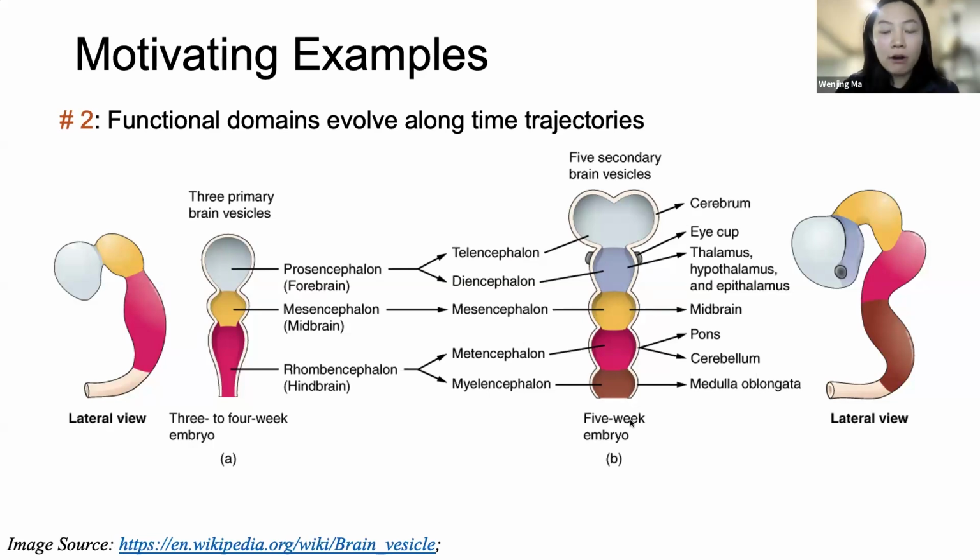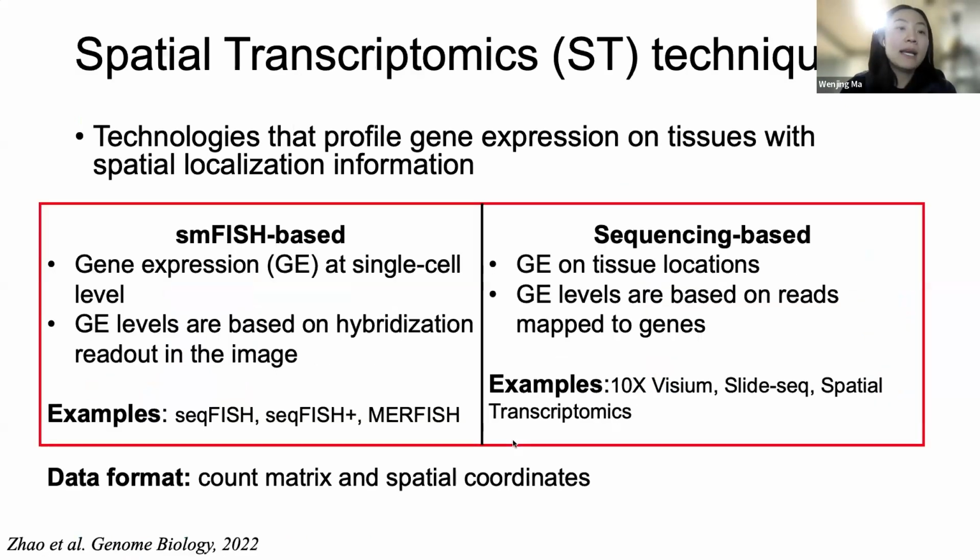However, as I mentioned, there are different layers and functional domains, and the question is how to capture them. Thanks to advanced technology, we can use spatial transcriptomics techniques to obtain the domain information and the spatial gene expression matrix.